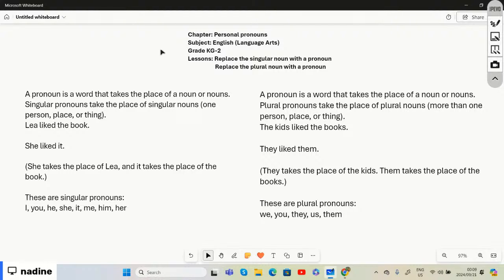It can be a singular noun, which refers to one person, one place, or one thing, or it can be a plural noun, which refers to more than one person, place, or thing.